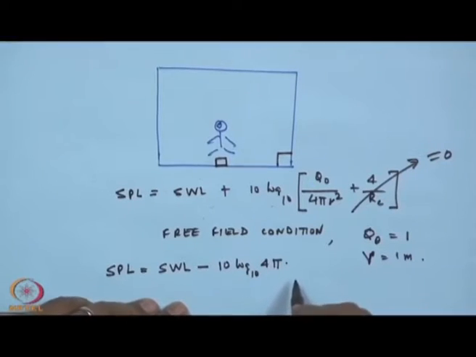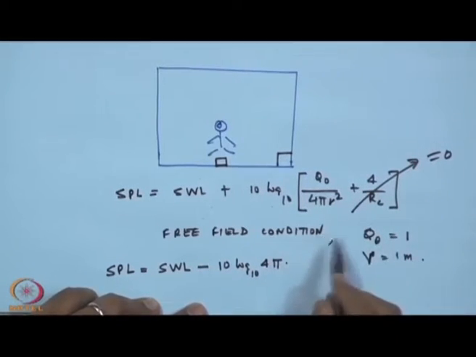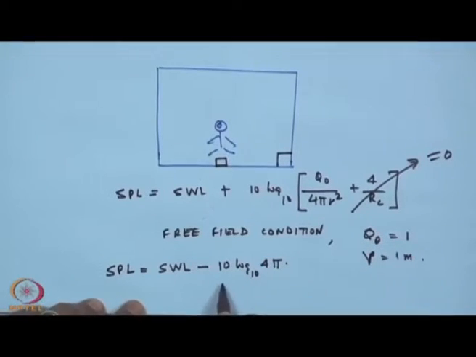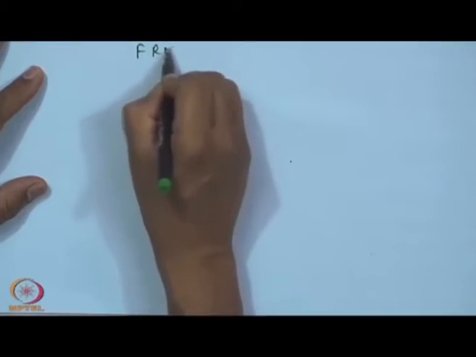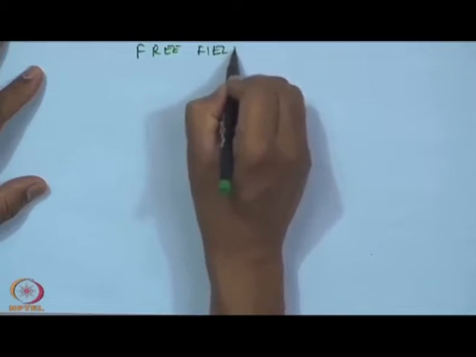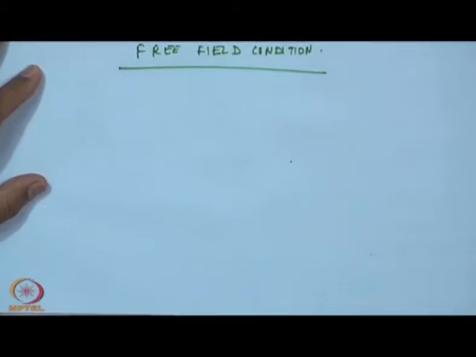Now, some of the important things we have to observe from this case: because here I have taken q theta equal to 1, log of 1 is actually 0, so it will disappear, and this value will be approximately equal to 10 decibel. Again, a good rule of thumb which you should follow is, in any free field condition. What are typical examples of free field conditions?